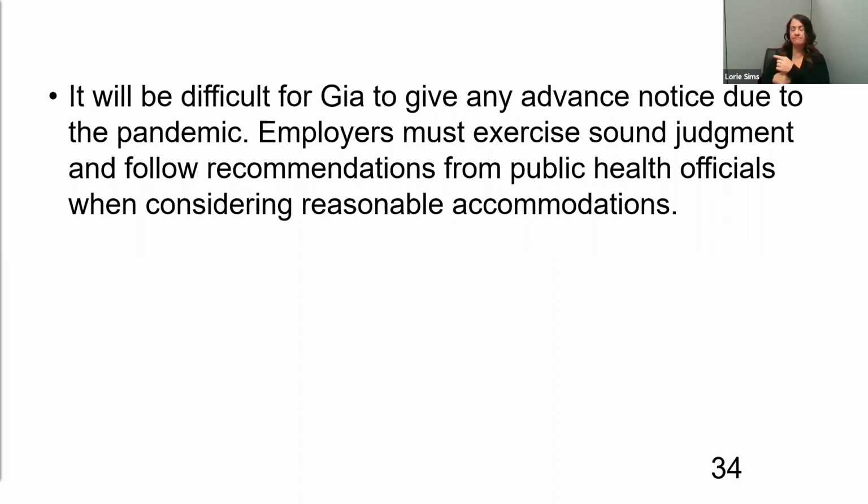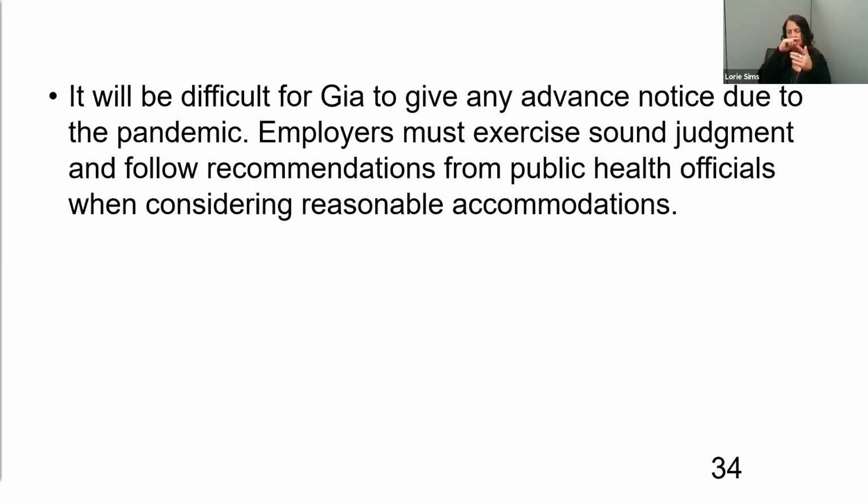The other part of the hypothetical was that Gia's employer said this is too short of notice. Well, in this situation, it would be difficult for Gia to give any advance notice due to the pandemic. Employers must exercise sound judgment and follow recommendations from public health officials when considering reasonable accommodations.